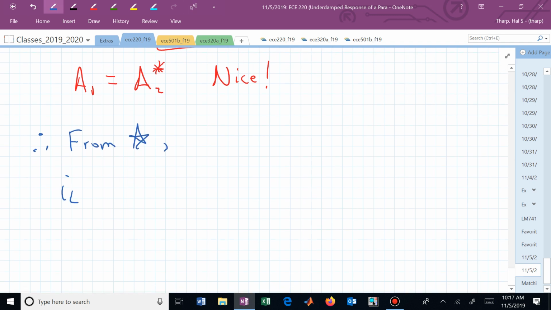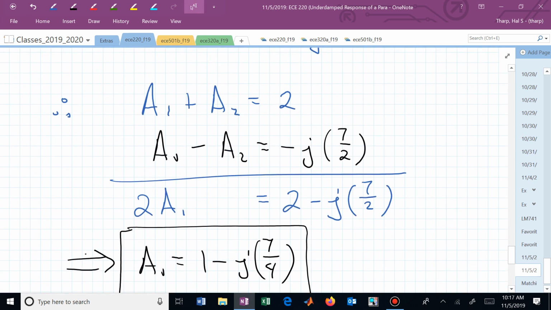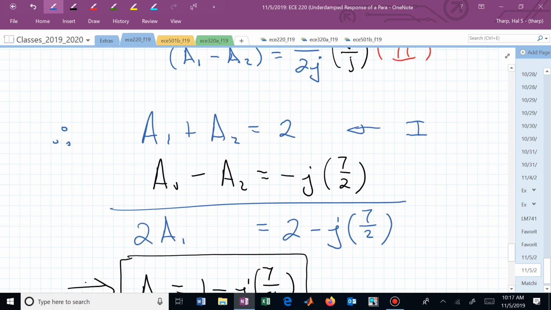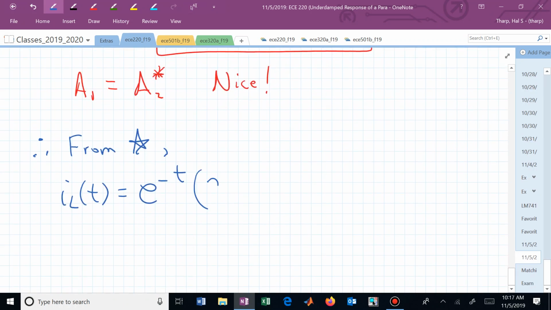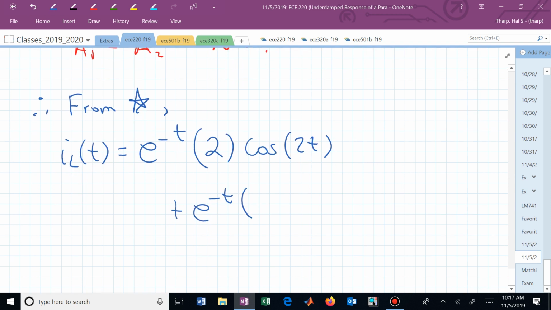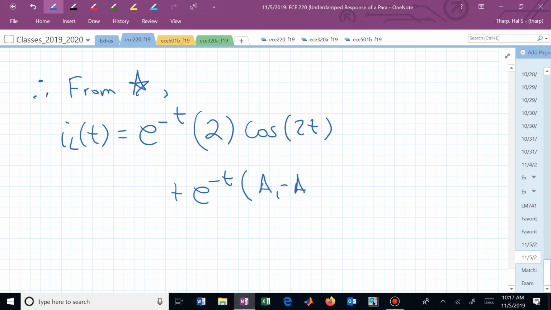we can say that I sub L of t is e to the minus t. And what was A1 plus A2? That was right here. That was 2. And this one was scaling cosine of 2t. Then we had our next term plus e to the minus t, and this was A1 minus A2 times j sine of 2t.